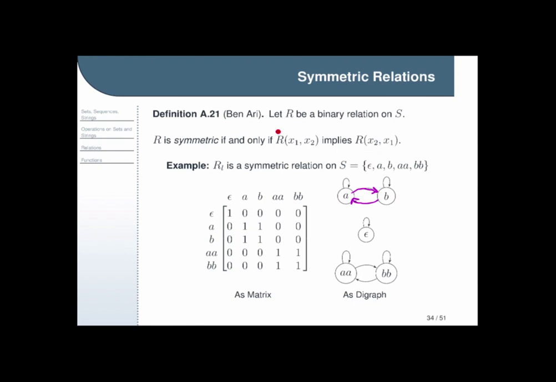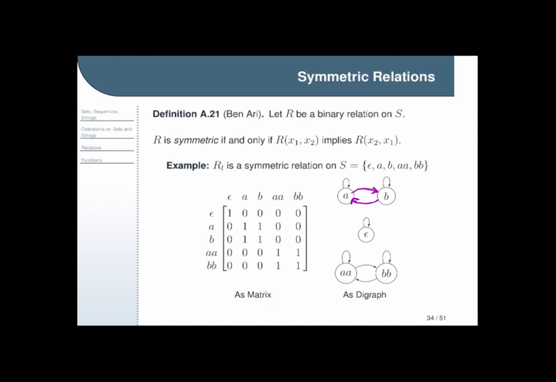This doesn't mean that anything is ever related to anything else, right? There is no guarantee that x1 is related to x2 for anything in the relation, but if it is, then I have to see it come back, right? So if this were all zeros, that would be fine. That's still symmetric, right? But if there's a 1 somewhere, it has to be represented on the other side.